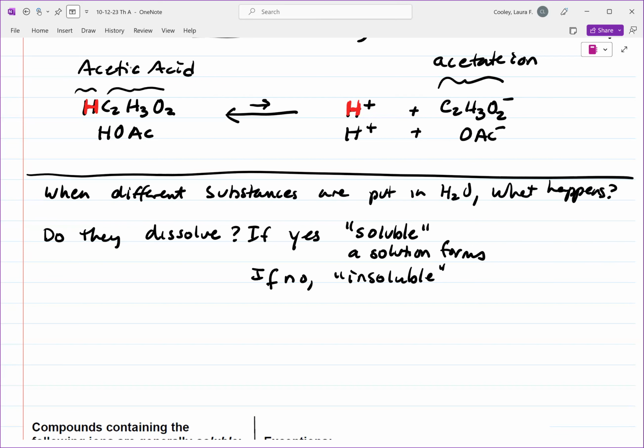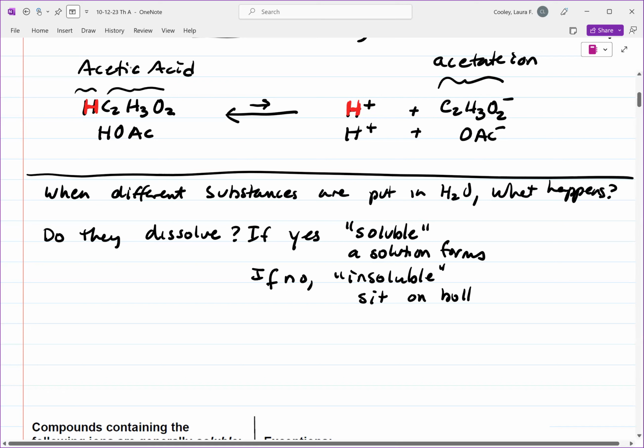And they basically sit on the bottom. So when you take a solid or a liquid, or even a gas, a gas isn't going to sit on the bottom. And a liquid is going to sit wherever the density tells it to. But if you take a solid and you put it in water, it could dissolve and be a nice homogeneous solution, or it could end up pretty much just sitting on the bottom. And we need to know what happens.